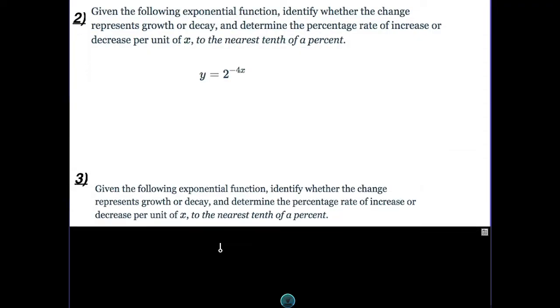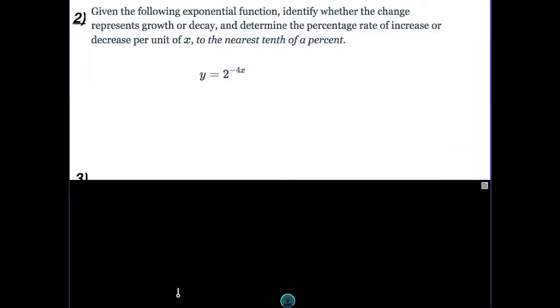Now we are going to switch up the equation a little bit. Sometimes the equation might look like this. This one looks quite a bit different. In this particular problem, in order for me to identify the base, I need to separate this exponent here. So I would rewrite this as 2 to the power of -4, to the power of x. I want to separate it so I can identify what that base actually is, because that base might be in disguise a little bit here.